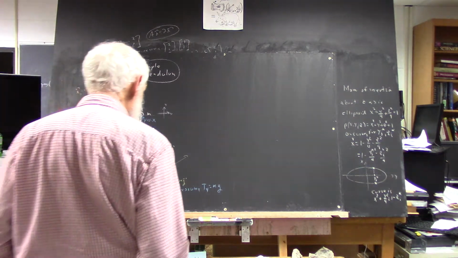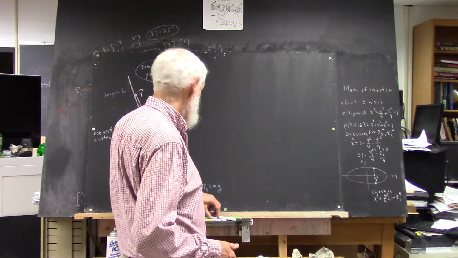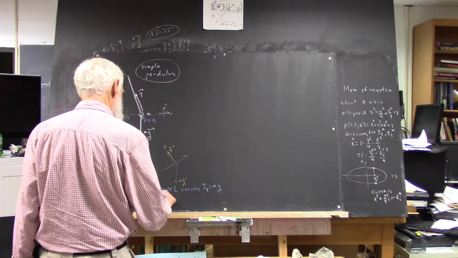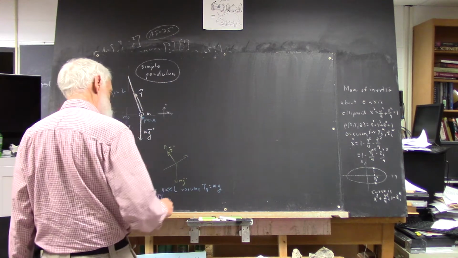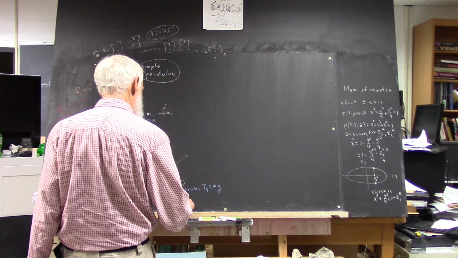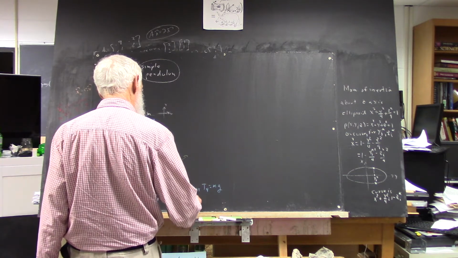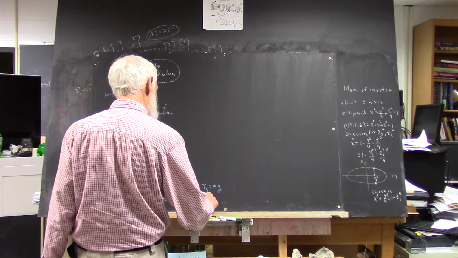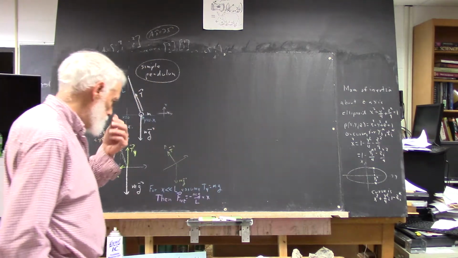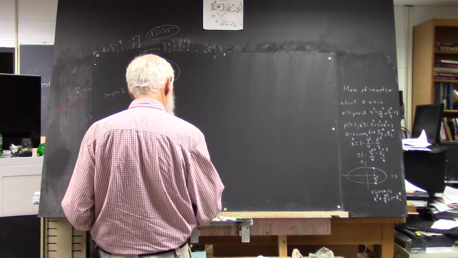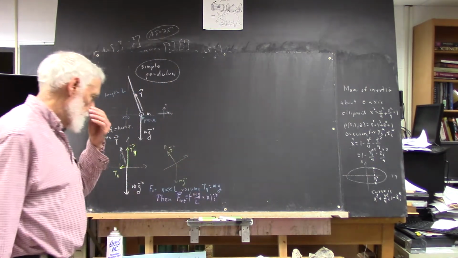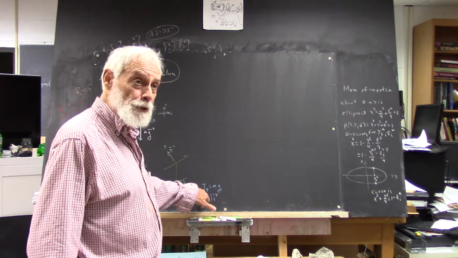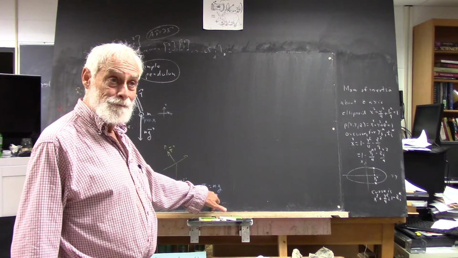Now, another connection, and we've done it, I'm not going to do it again, go find it. And your net force is going to be negative mg over L times x times the i vector. Does that make sense?